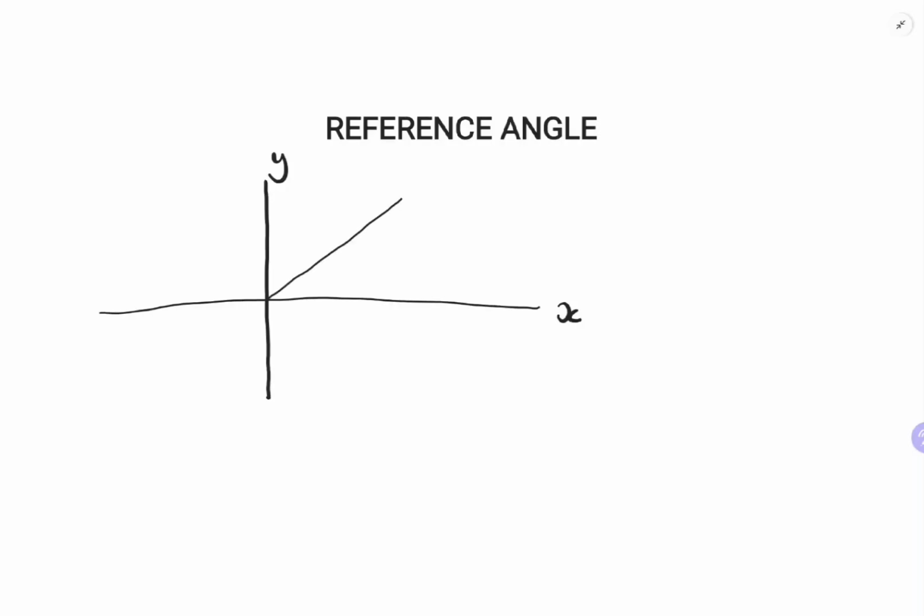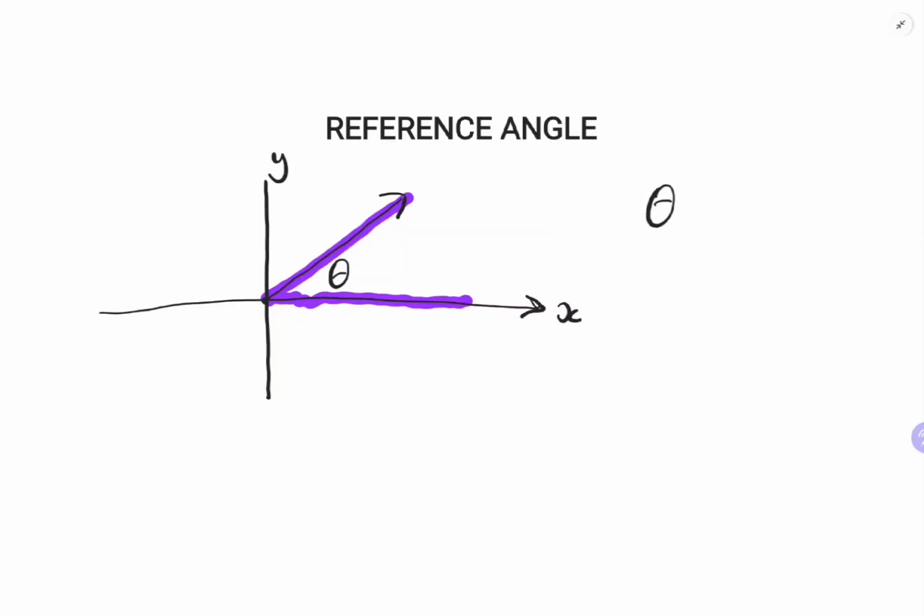Let's say that there is a line there, which should be the hypotenuse if we were going to complete the triangle. So the reference angle is the angle between the x line and this line that stems from the center, which is the radius, the hypotenuse, the terminal line, whatever you want to call it. So that's the reference angle.